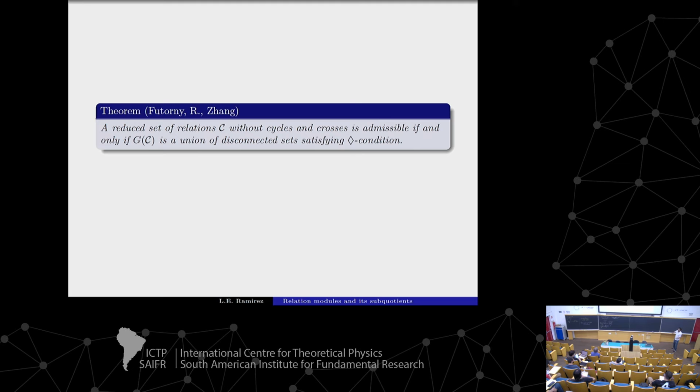So after cleaning, we have an admissible set of relations if and only if the graph is a disjoint union of graphs satisfying this delta condition. So this delta condition is important. You look at all connected components, and if every connected component satisfies this delta condition, then you have an admissible set. And actually, this is an if and only if. Okay, so we have a description.